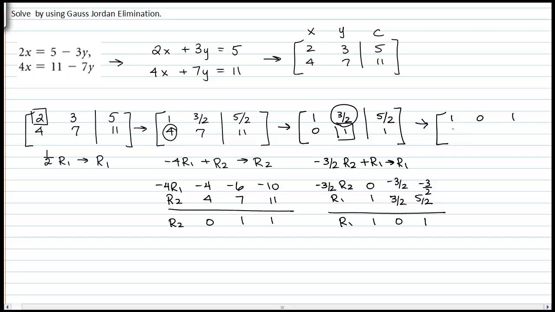Row 2 is 0, 1, and 1. Since I have my identity matrix left of the vertical line, that means that I am done. Writing it as a system, I get 1x plus 0y is equal to 1. 0x plus 1y is equal to 1. And therefore, x is equal to 1 and y is equal to 1.